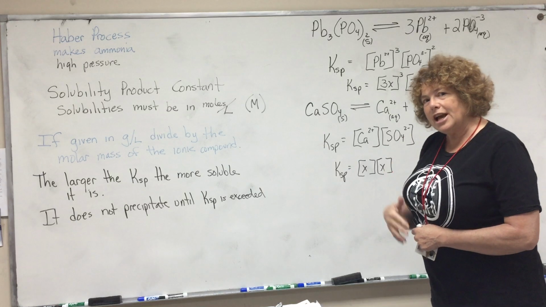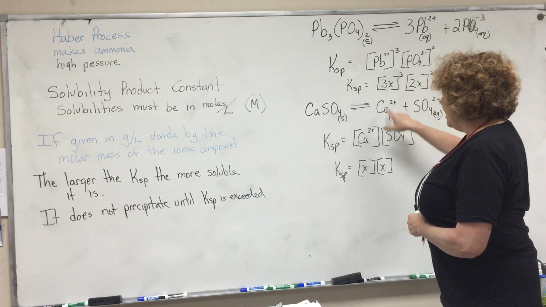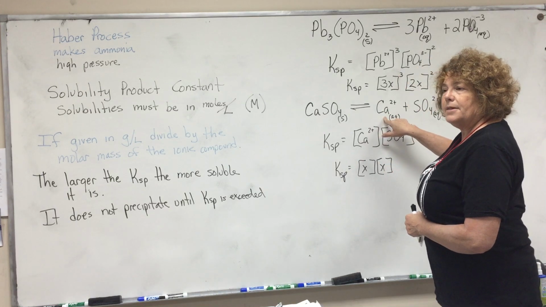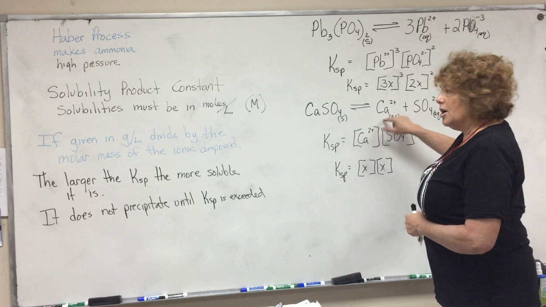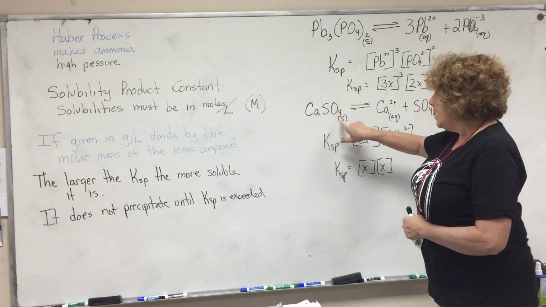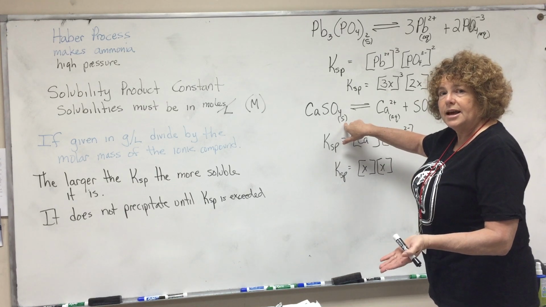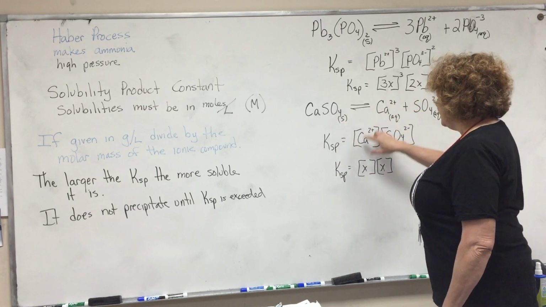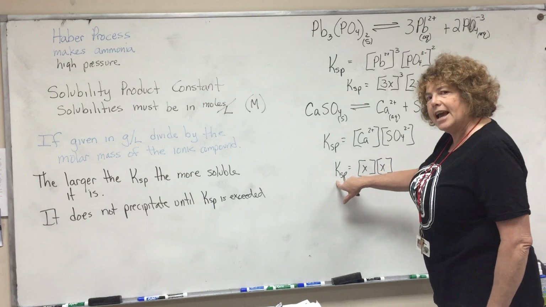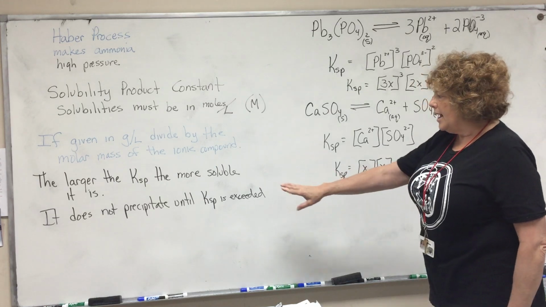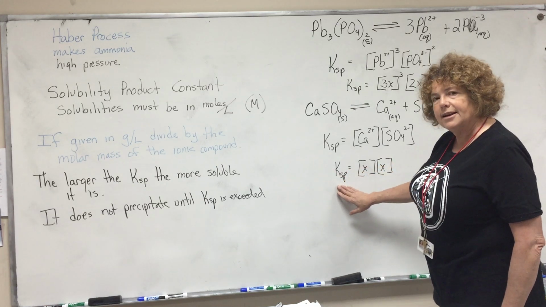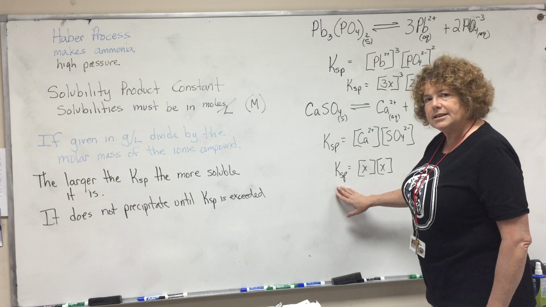Now think back to Le Chatelier's principle. If I add calcium ions, which way is my equilibrium going to go? It's going to go this way and cause a precipitate. So more is going to precipitate. It is also going to cause this number to exceed Ksp. And when it exceeds Ksp, that tells you that it precipitates.